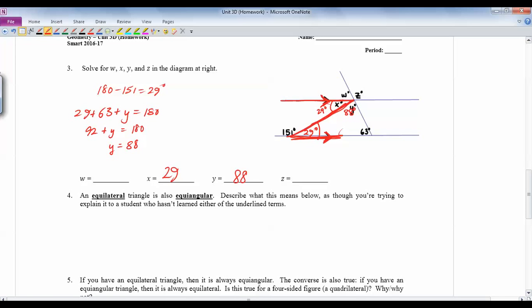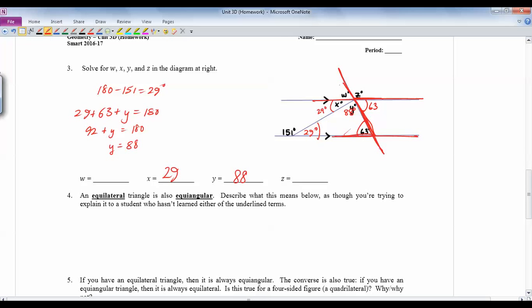Let's see, what else? We could get this angle over here, and you could get it two ways. One way is by noticing that since the top line and the bottom line are parallel, and that one's 63, if you made this Z shape for alternate interior angles, this one's 63 right there.